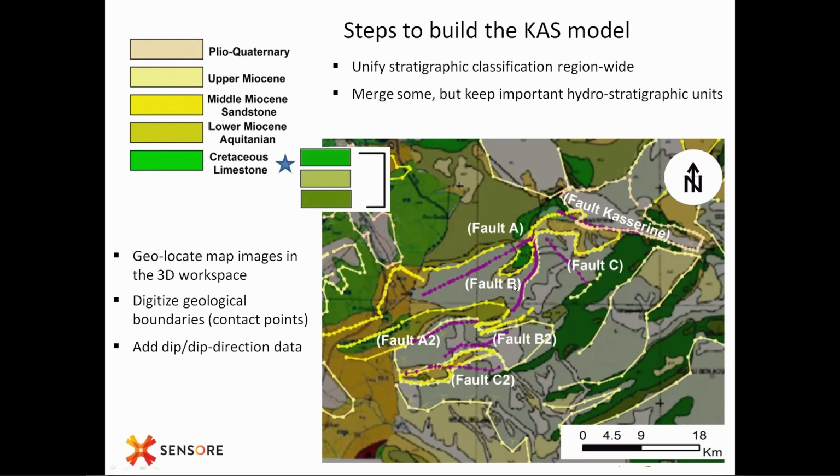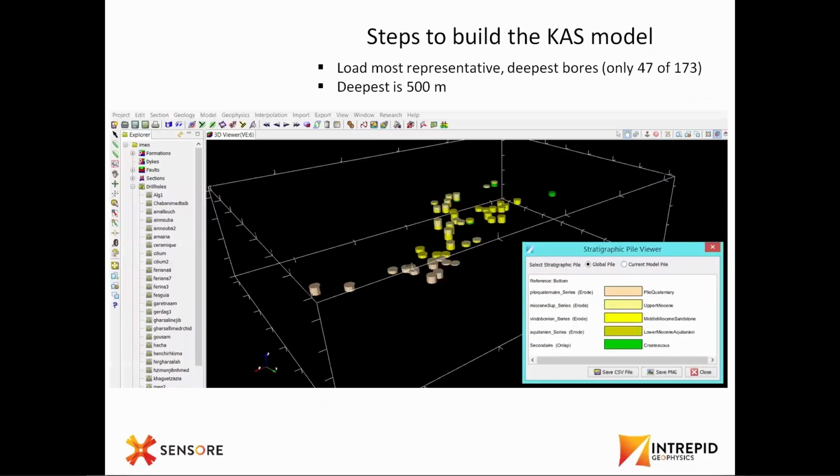Several faults' information has been incorporated properly. So based on the information from the surface as well as drill hole data, we can easily create a 3D geological model. This is the well data that we have utilized, 173. Only 47 wells have been considered.